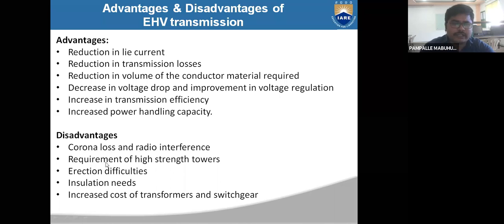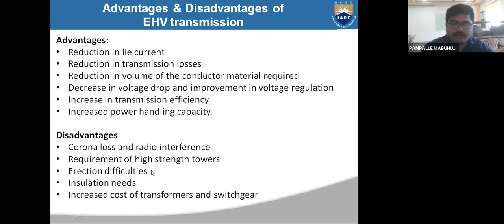Then if you see another disadvantage, it requires high strength towers. So when the voltage level is increasing, obviously it requires high strength towers. So electrical stresses will be more, right? Because of that reason you require high strength towers here, and also you require high insulation. So when the voltage level is increasing, insulation needs will increase, right?